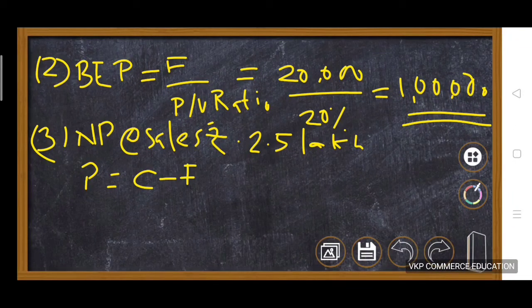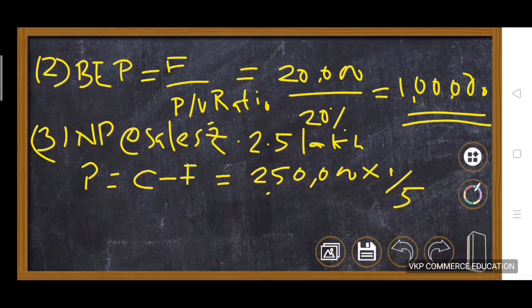Okay, now we are calculating the contribution. What is the amount of contribution? How to calculate the amount of contribution? Just simply write 2,50,000 sales. So there is 1 by 5 PV ratio, or 1 by 5 contribution. Under 2,50,000 there is 1 by 5 of the contribution.